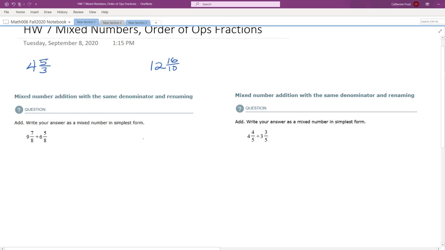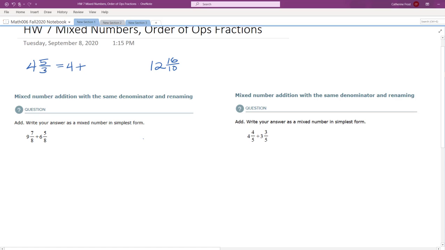So what we can do is regroup the whole number part of this, because 5/3, an improper fraction, is greater than 1. So we're going to regroup the 1 of this into the 4. So you can think of this as 4 plus 5/3.